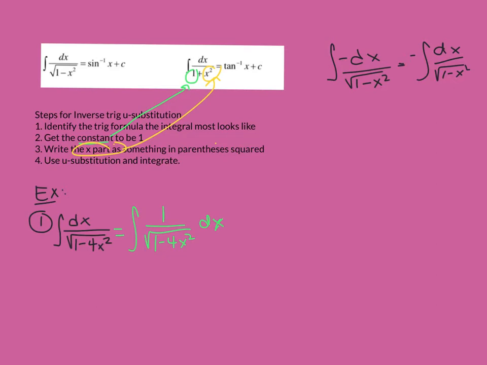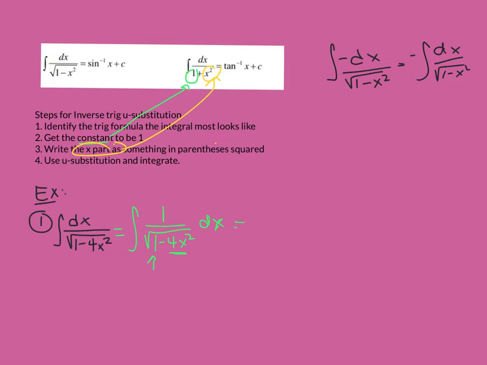The first thing I want you to notice is that this looks like the first formula, the inverse sine formula. The second step is to get the constant to be 1. This one is already 1, so we're not going to change that. The next step is to write the x part as something in parentheses squared. So this part right here, we need to write as something squared.